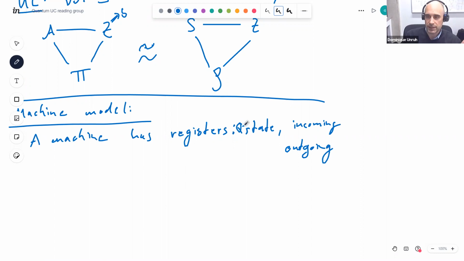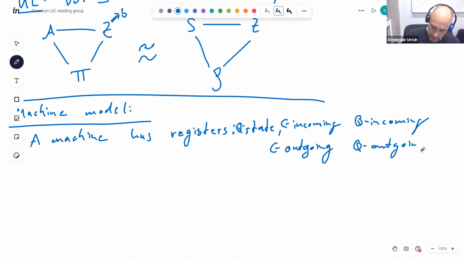So for example, if the addresses of the recipients are in the classical register, then you don't need to wonder in your proofs about corner cases like what if someone puts the address in superposition somewhere. So we have a classical incoming and a quantum incoming register, and also a classical outgoing and a quantum outgoing register.